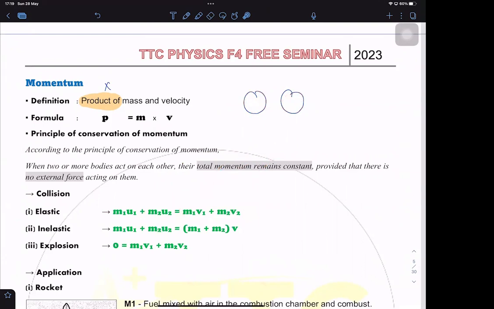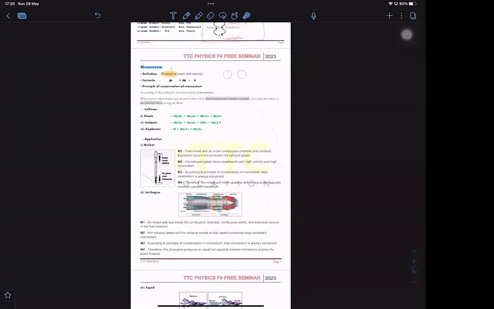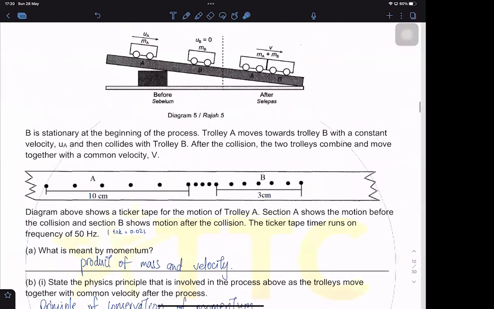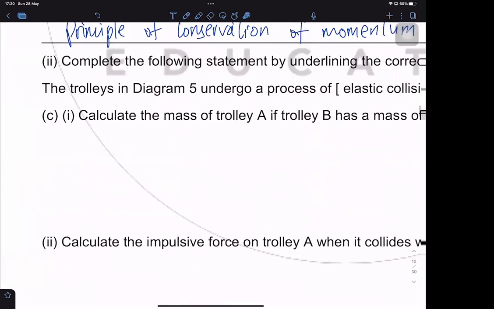So remember, we say total momentum before must equal total momentum after. So we write down m1u1, m2u2. Maybe I write A and B, I don't write 1 and 2, because the trolleys are called A and B. So the momentum for A plus the momentum for B equals the momentum of A plus the momentum of B. One is before, one is after.